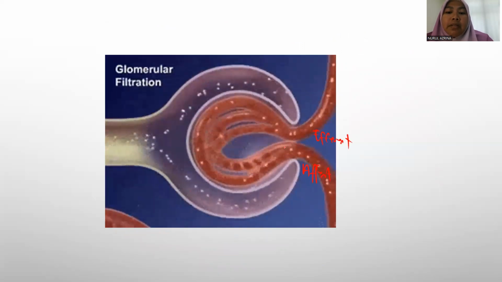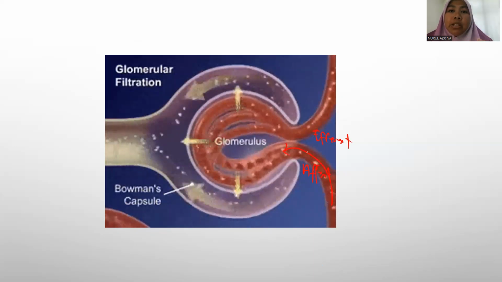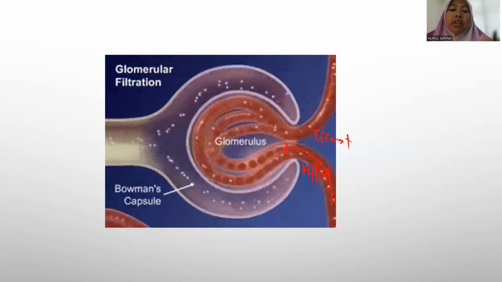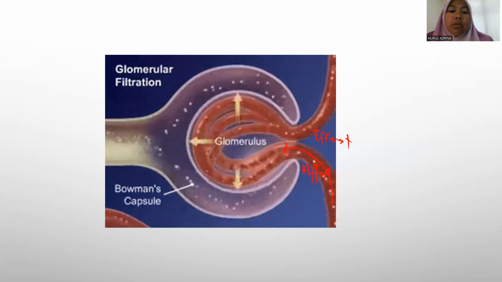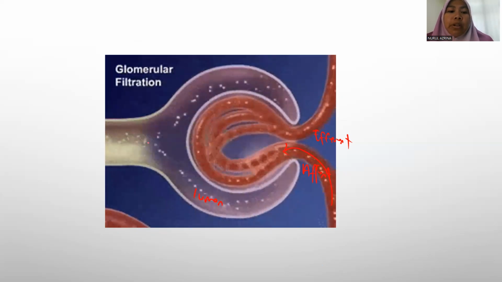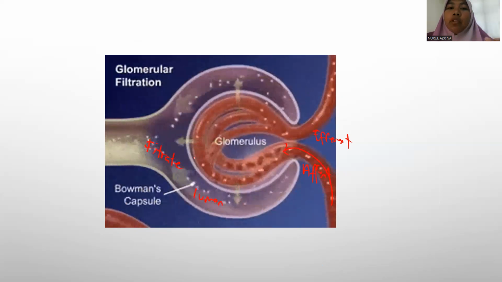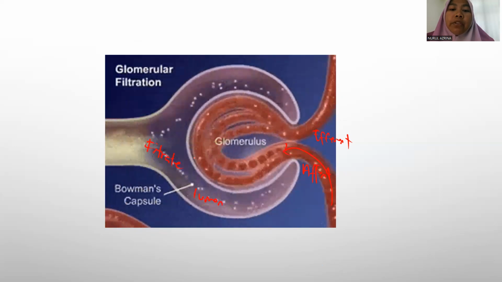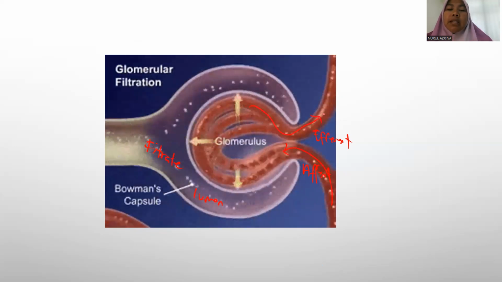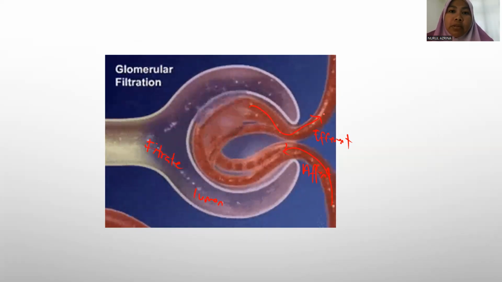The blood coming from the afferent arteriole is at high pressure, which is enough to force the blood out of the glomerulus into the lumen of the Bowman's capsule, and it will be known as filtrate. What happens to the unfilterable components? You can see the unfilterable components will be sent out from the efferent arteriole.